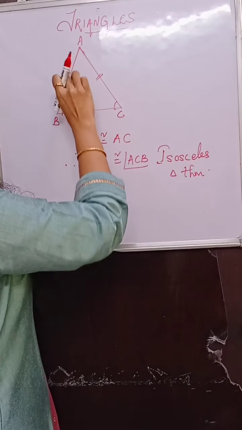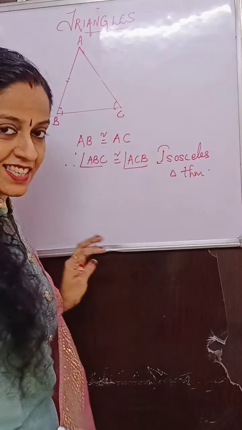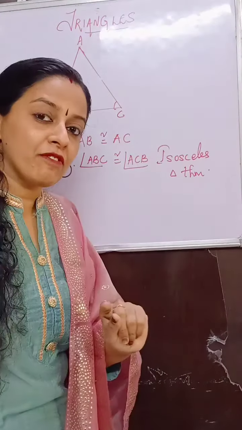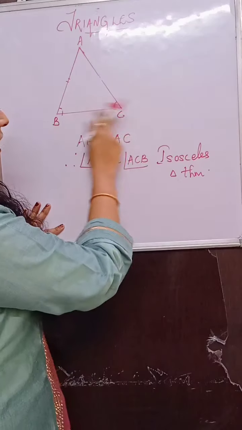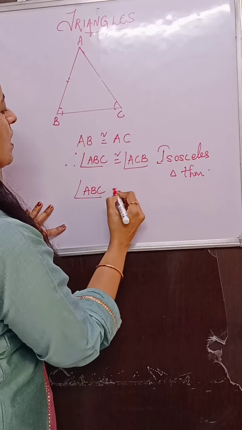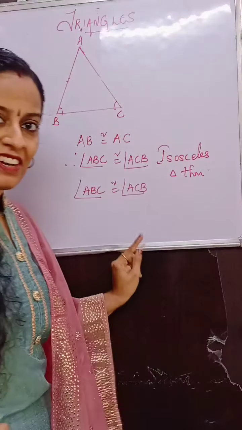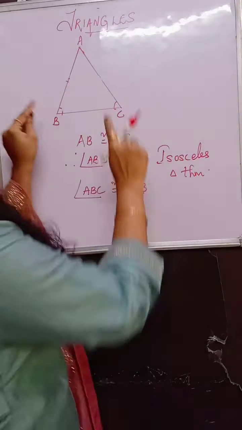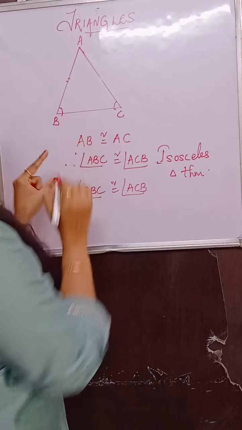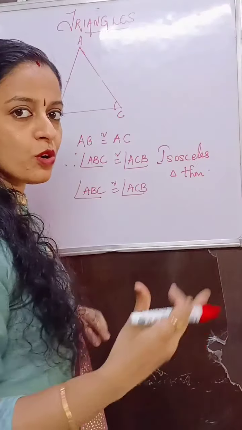Yes, in the converse, they will not give us the sides. In the converse, they will give you information regarding the angles. So if angle ABC is congruent to angle ACB, here given is about congruent angles. If two angles are congruent, then the sides opposite to them are also congruent.